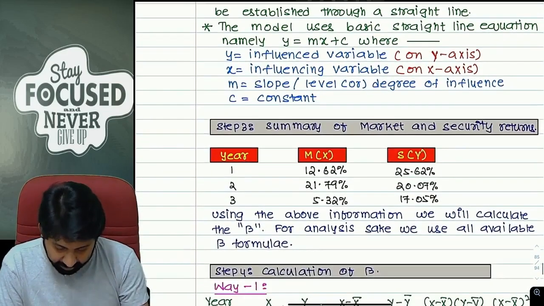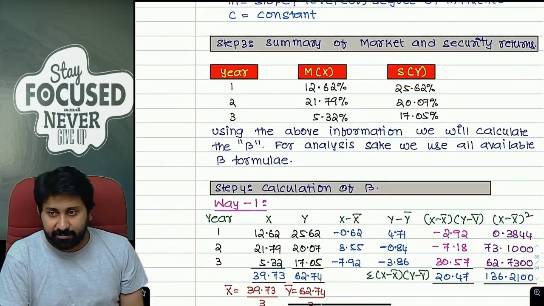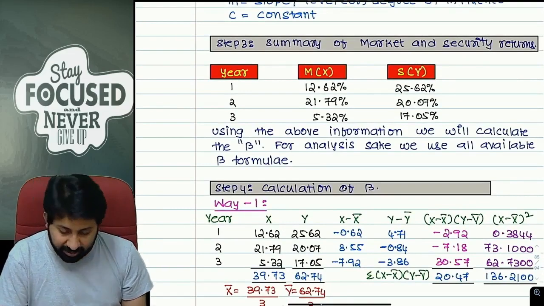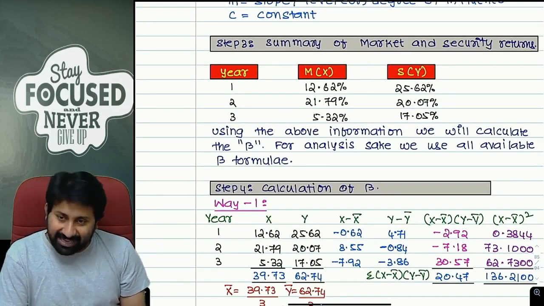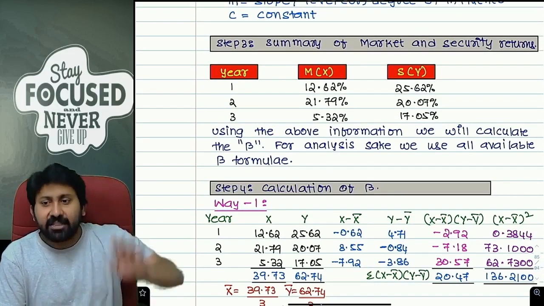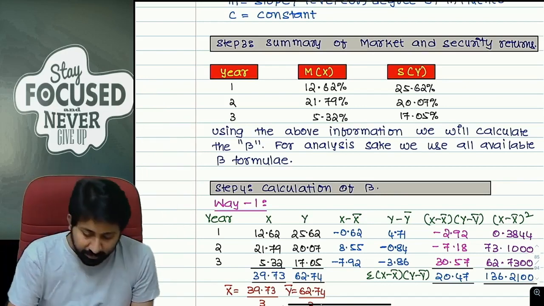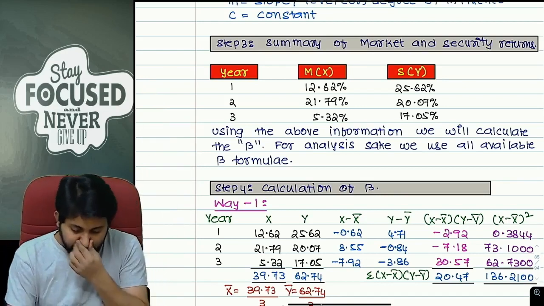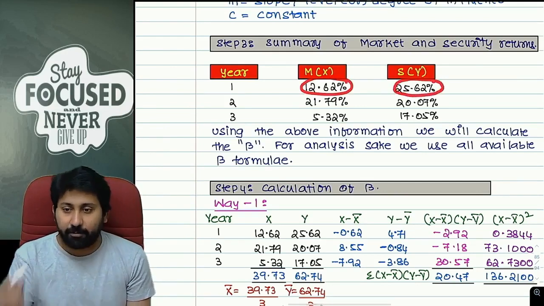Next, summary of market and security return for years 1, 2 and 3. Market is on the x-axis, security on the y-axis. The information we gathered, I have summed up again here. Year 1, market has given 12.62, security has given 25.62.